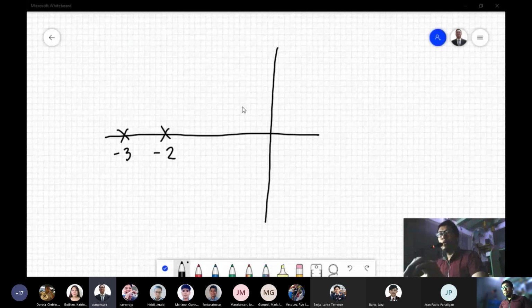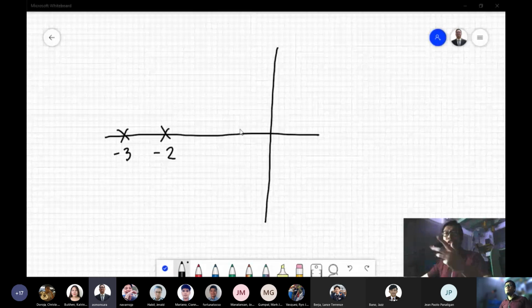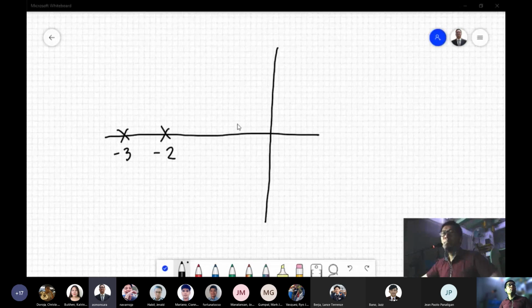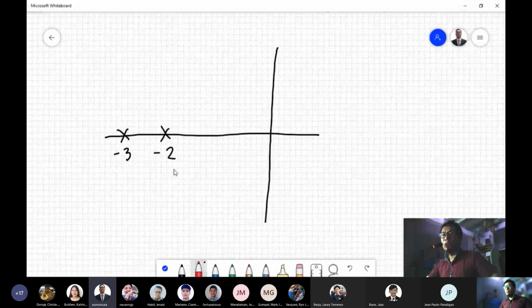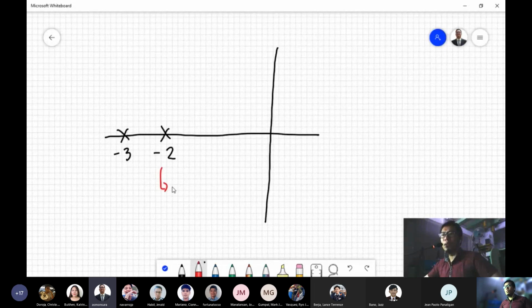For example, real poles muna tayo, pero this also applies to complex poles. Say poles sa -2 at -3. Pag kinuha niyo yung reciprocal nitong -2, that becomes -1/2.